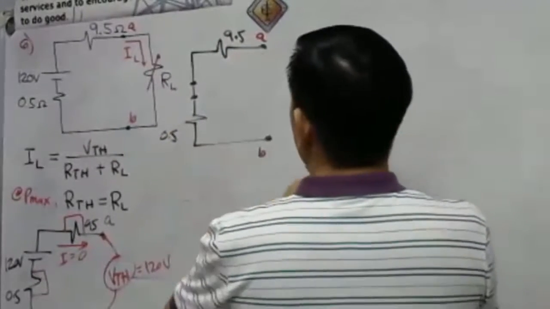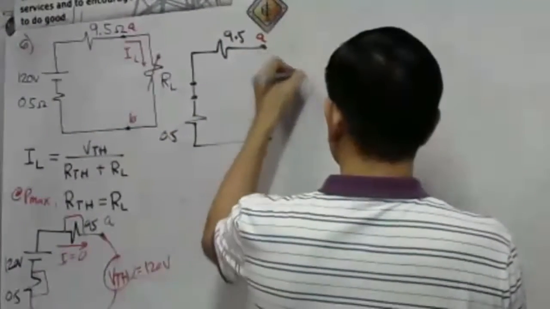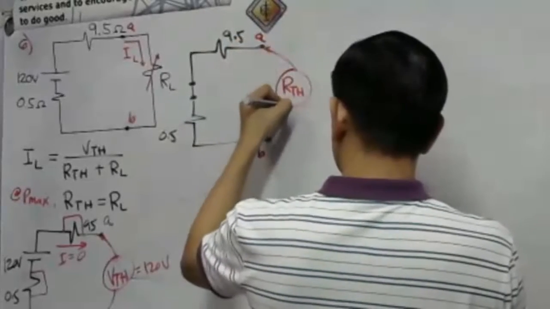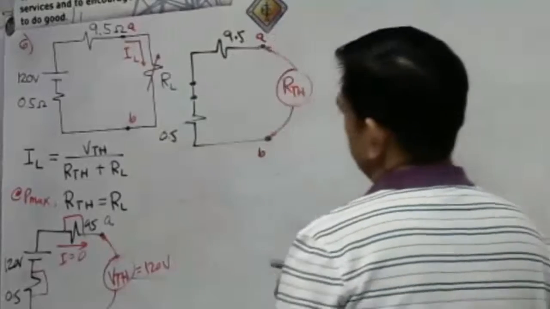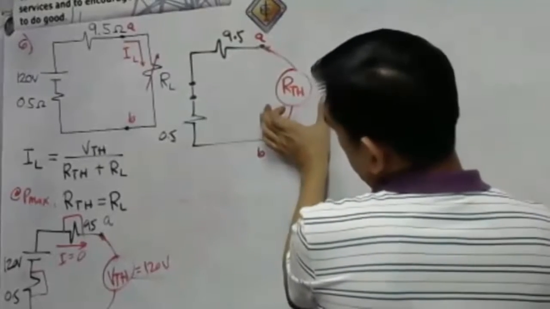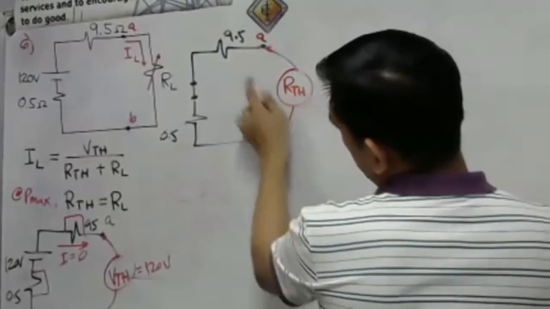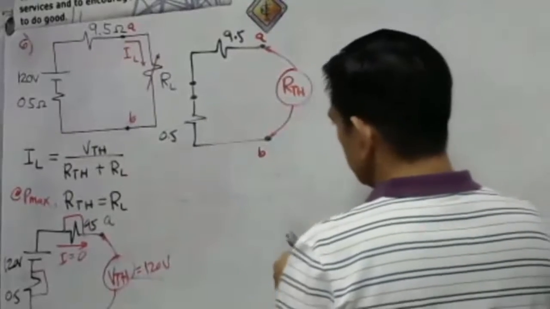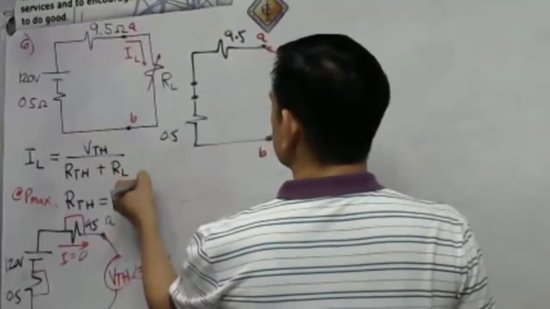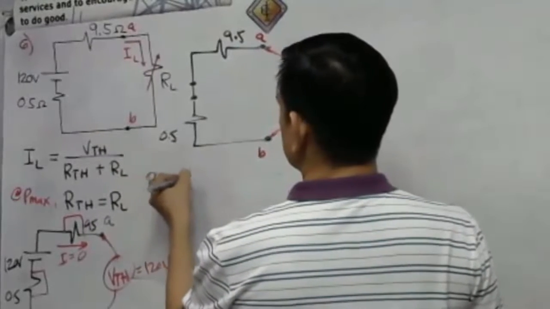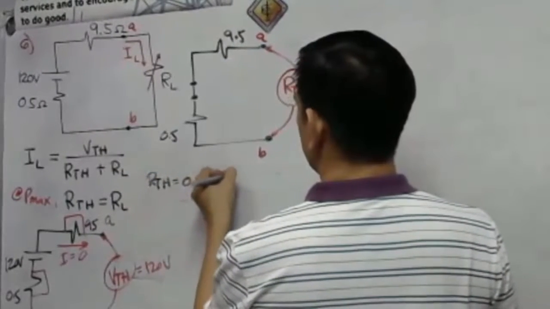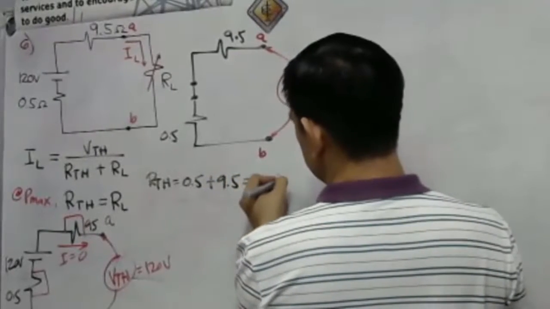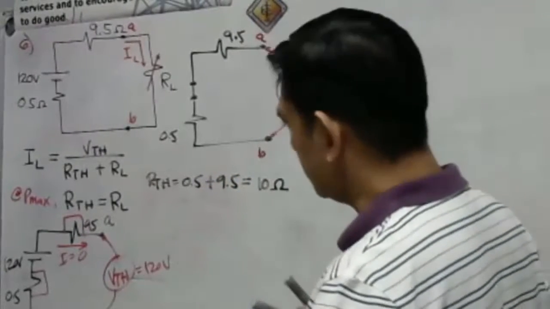That is our RTH. RTH is simply equal to the series combination of 9.5 and 0.5 ohm. So 0.5 plus 9.5 is simply equal to 10 ohms. That is our RTH.